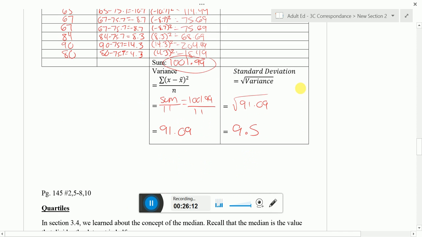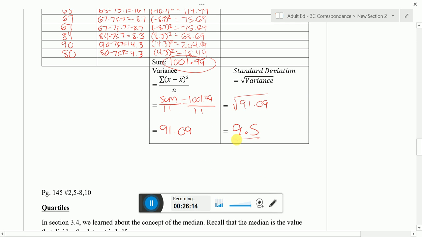Now again, what that standard deviation, 9.5, means is that most of the numbers are within 9.5 of the average.